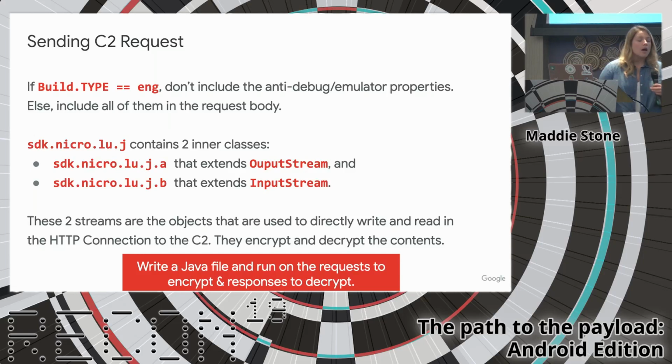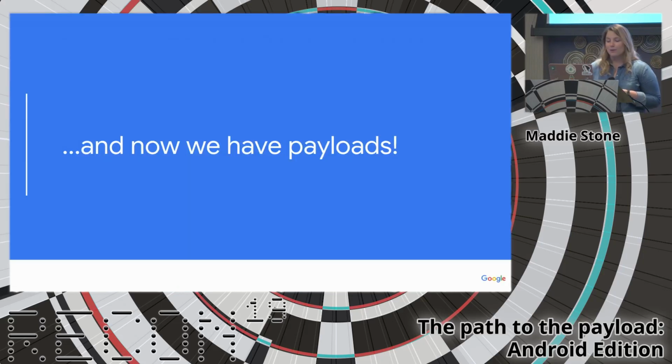Then we are able to write correctly obfuscated requests and use a milker to send them to the C2 in order to get the payload requests, as well as deobfuscate all of the responses that you receive. And from there, we now have the payloads, and that has been about 55 slides in 30 minutes, just in the weeds, just the code.